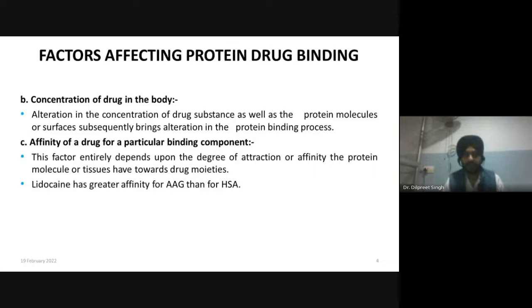B is the concentration of the drug in the body. An alteration in the concentration of the drug substance as well as the protein molecule or surfaces subsequently brings alteration in the protein binding process. If the protein binding process is altered, there is a high chance that the drug substance and the protein molecule are retained in the body for a longer period of time.